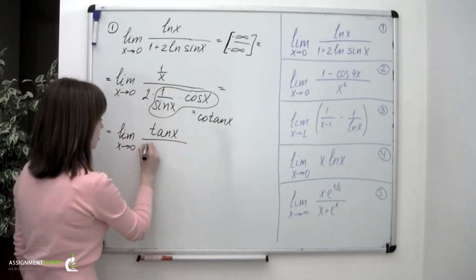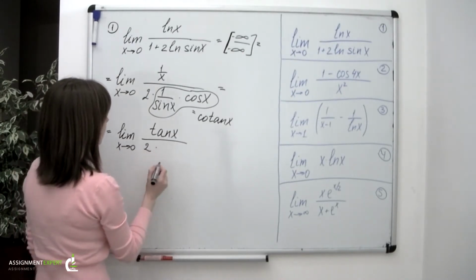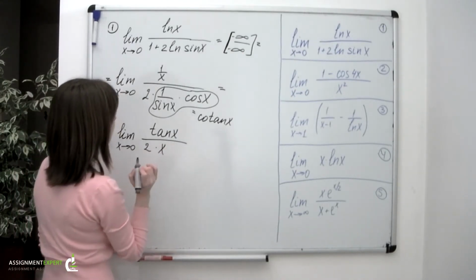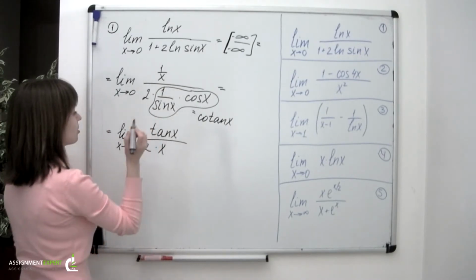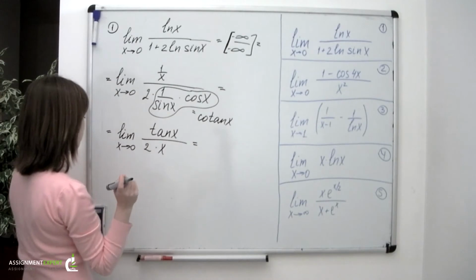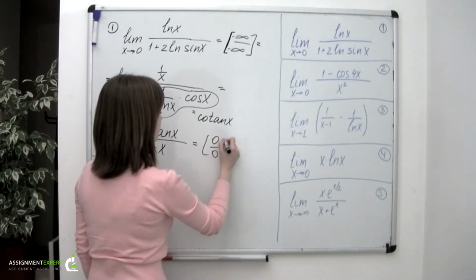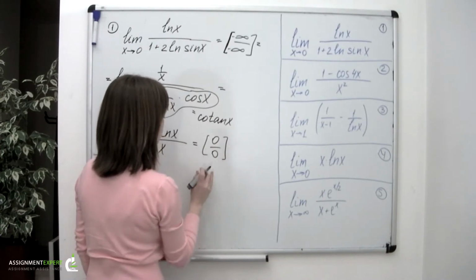We still have this 2 multiplier, and x from the top. So again we have 0 over 0 indeterminate form.